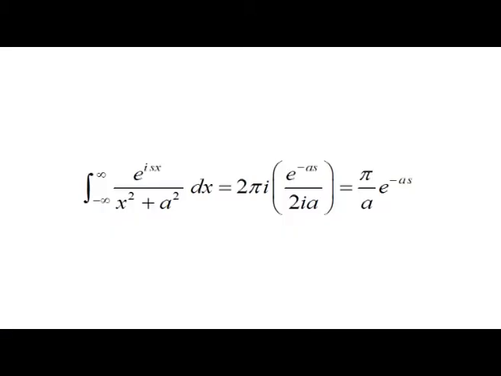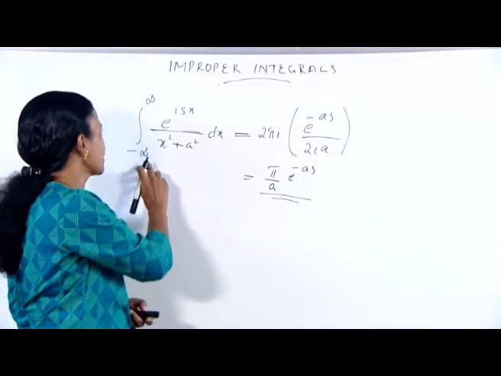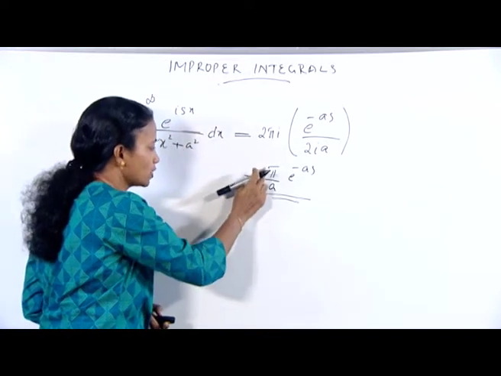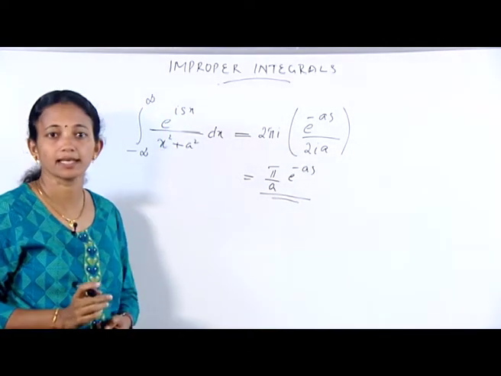Thus, integral minus infinity to infinity e raised to i s x by x square plus a square dx is equal to 2 pi i into e raised to minus a s divided by 2 i a. The value is equal to pi by a e raised to minus a s. So, the first one is over.